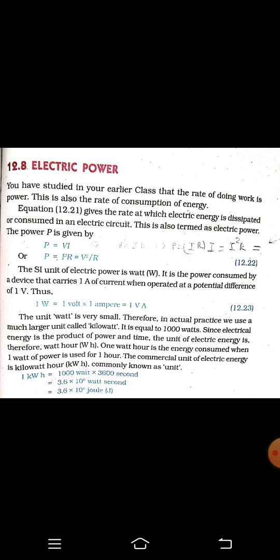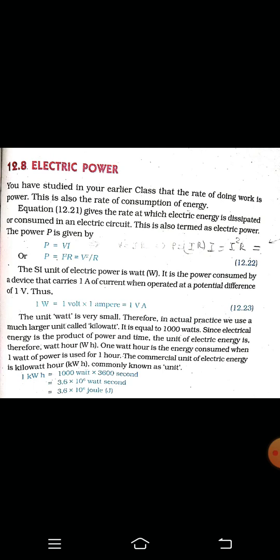The commercial unit of electrical energy is kilowatt hour, commonly known as unit. 1 unit is equal to 1 kilowatt hour. Do you remember? We have learned this in Standard 9, right? 1 unit is equal to 1 kilowatt hour.